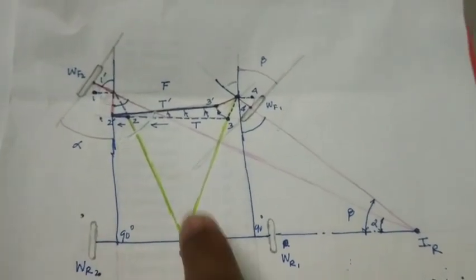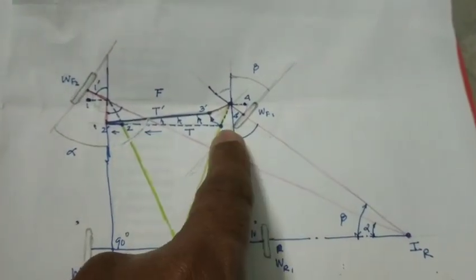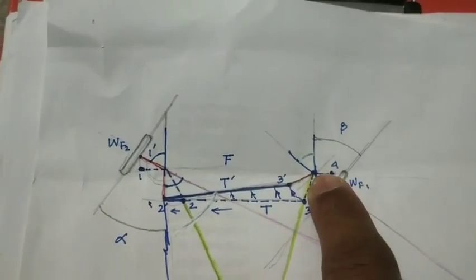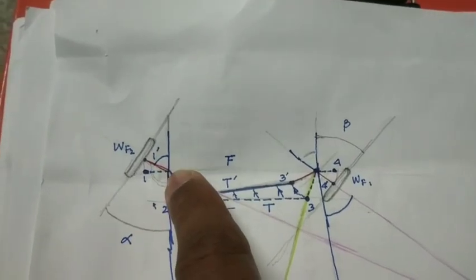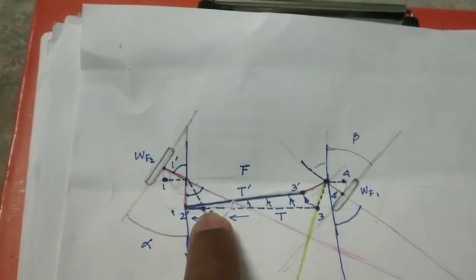C is the center, and 2 and 3 are the ends of the tie rod. 2, 3 is the tie rod, and this is the point of the hinge. So we see 1 going to the point of the hinge and 2.